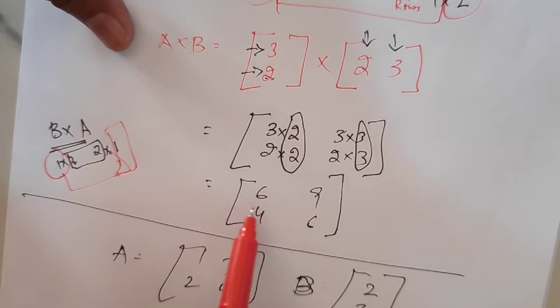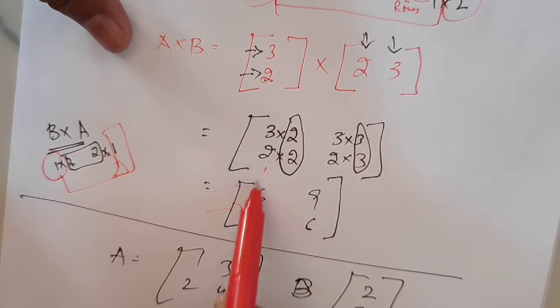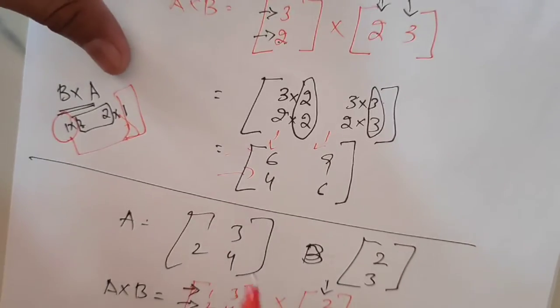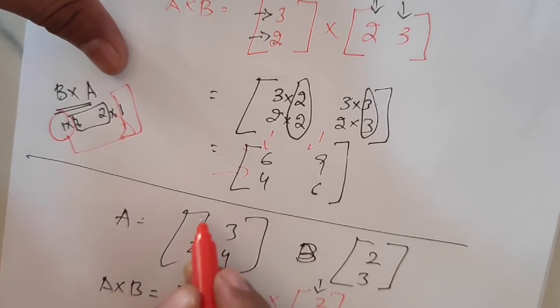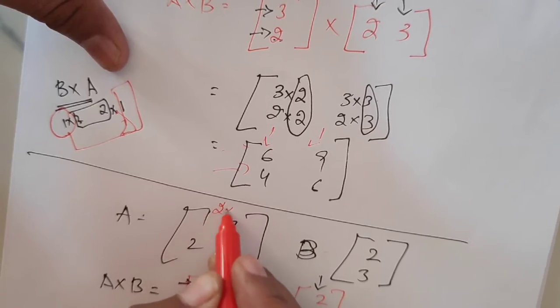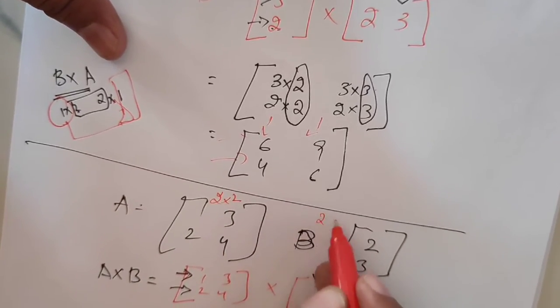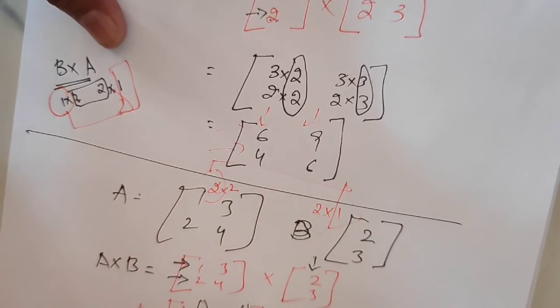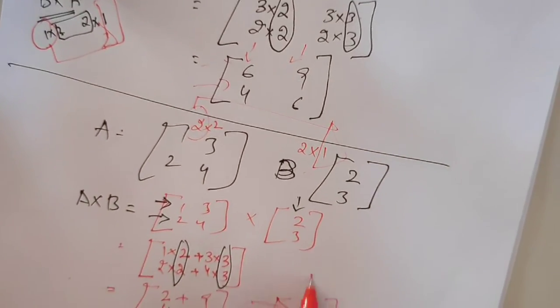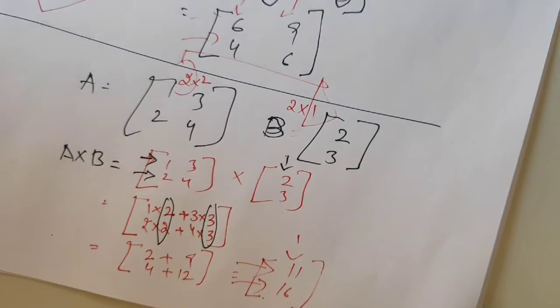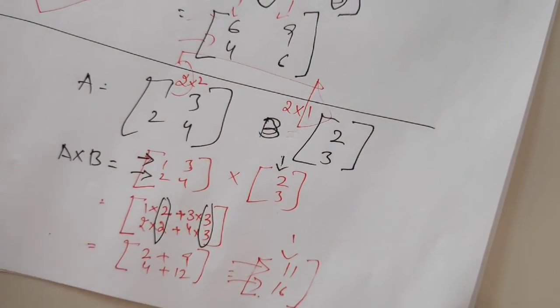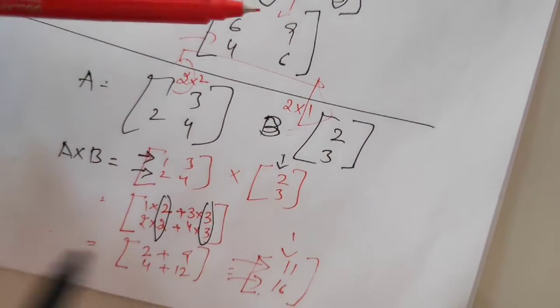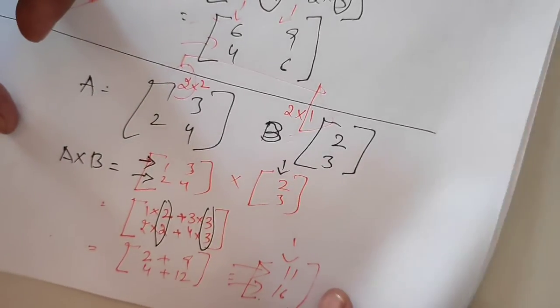Here we see the order is 2 by 2, and here the order is 2 by 1, so the answer has 2 rows and 1 column. So you can easily predict the order of the multiplication answer, and then you can easily multiply the matrices.